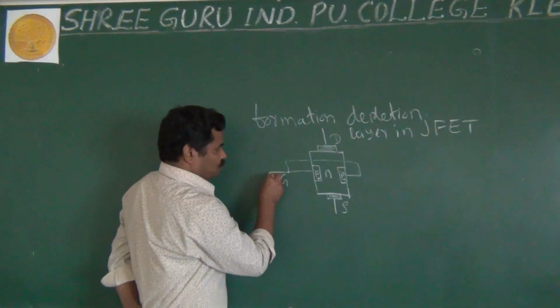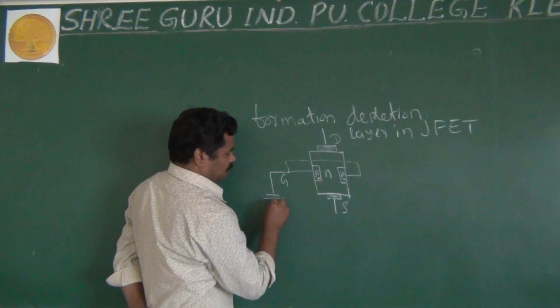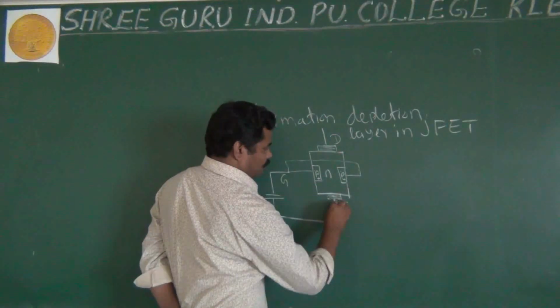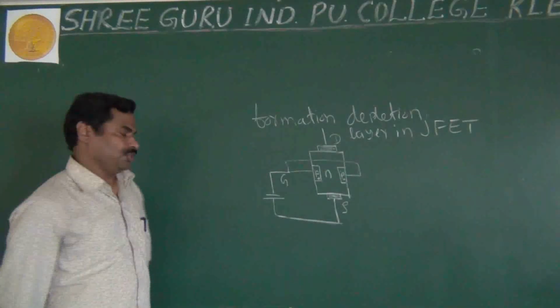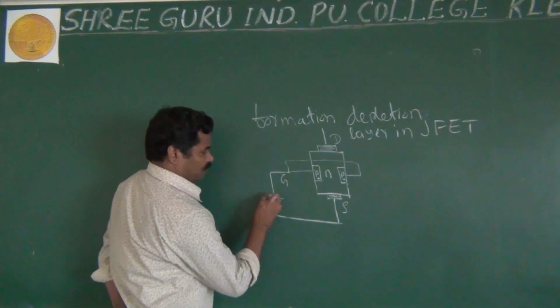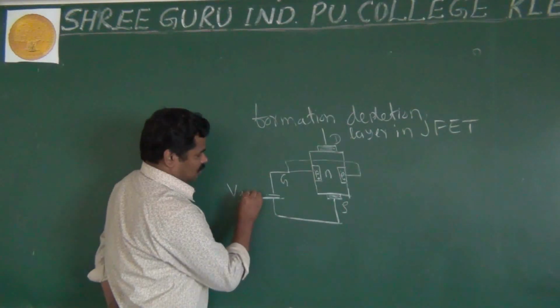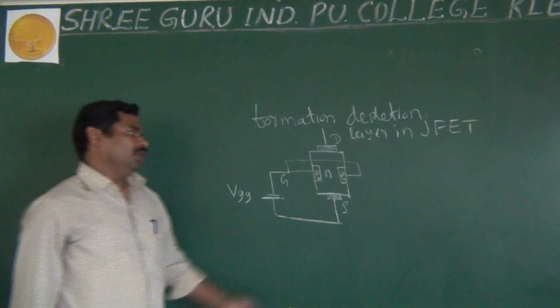Now, what you do? You apply some voltage to the gate and source. It is nothing but you are applying the VGG. The VGG is nothing but you are applying the voltage to the gate and source.